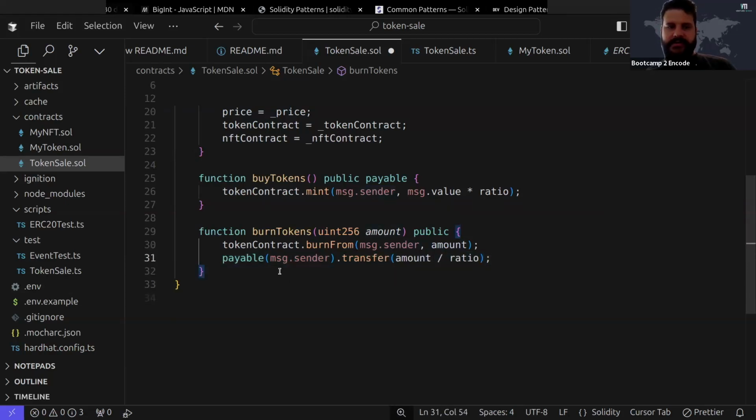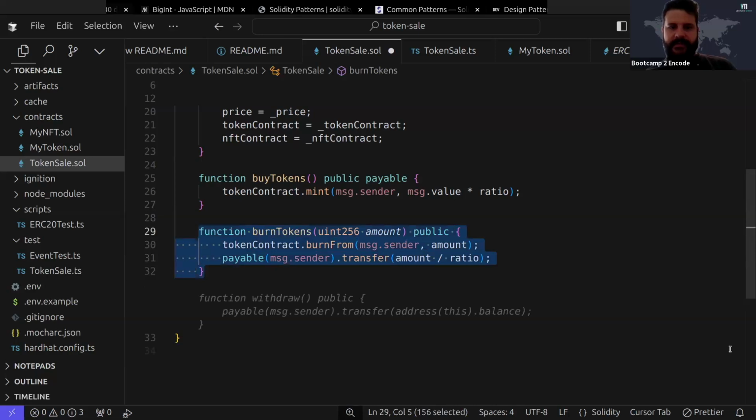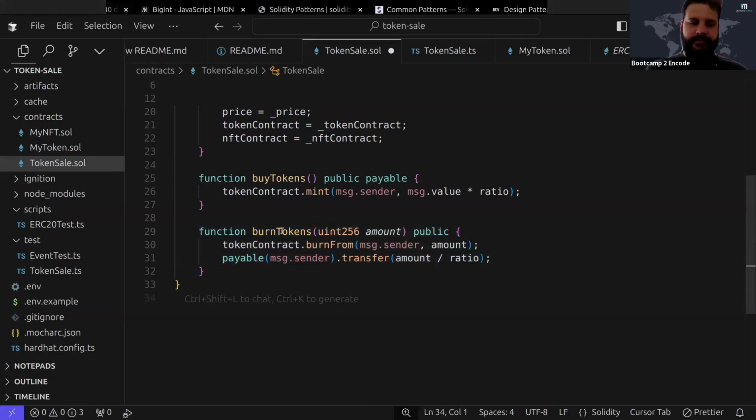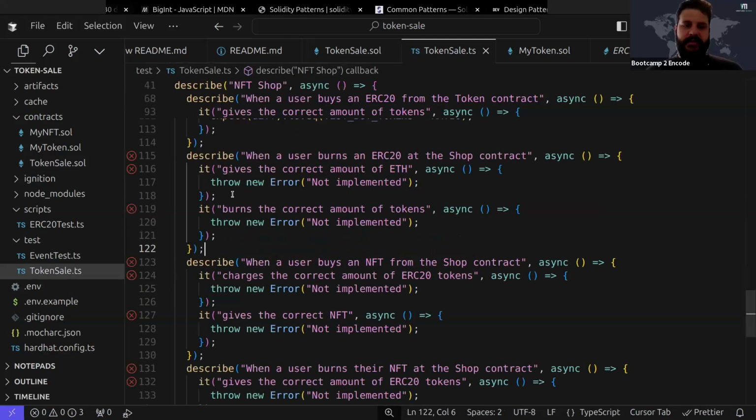Using the compiler here to cheat because I'm out of time. Okay. So this would be the function burnTokens. I'm burning from the msg.sender this amount. For it to work, I need to have approval first. Let me show that for you in the test.